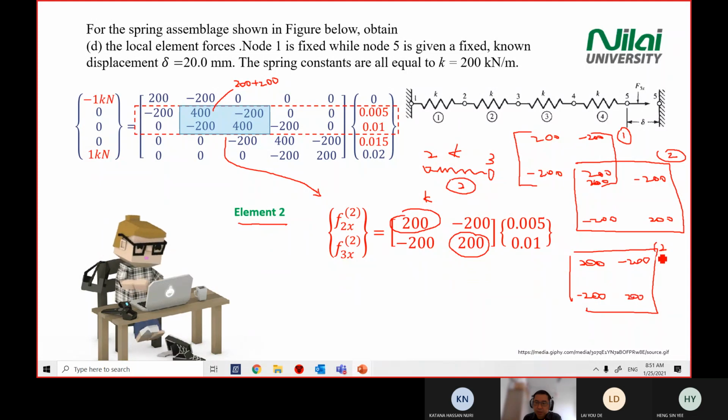This is element 2. We only break it into that particular element.